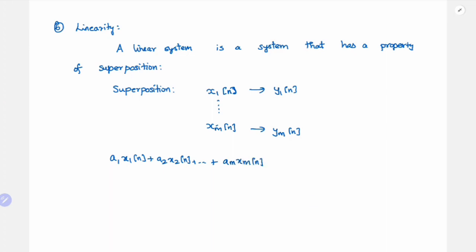So if we give this as input, and if we also get the outputs as weighted sum of these outputs, which is nothing but a1 y1 of n plus a2 y2 of n, and so on up to am ym of n.